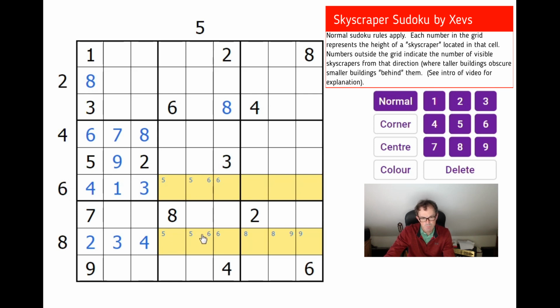We know the 5s are in one of the first two positions in row 8 and one of the first two positions in row 6. So this is an X-wing on 5s. But the weird thing about that is that it's followed by an X-wing on 6s, which is followed by an X-wing on 7s, then an X-wing on 8s, then an X-wing on 9s.